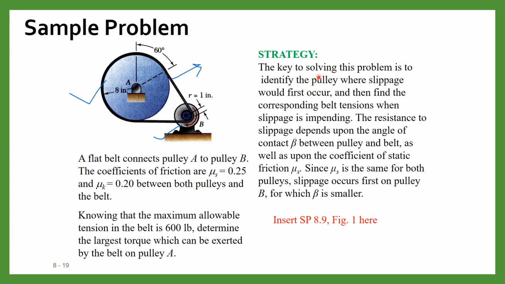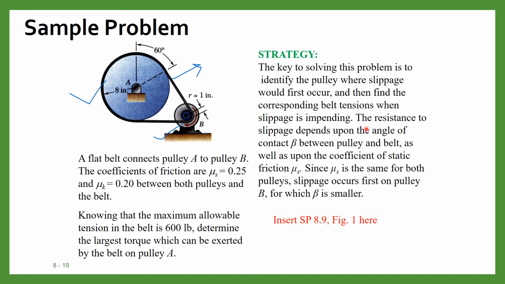The key to solving this problem is to identify the pulley where slippage would first occur. First, by our knowledge, we should identify on which pulley slippage can occur, and then find the corresponding belt tensions when the slippage is impending, as we have done in the previous equation.